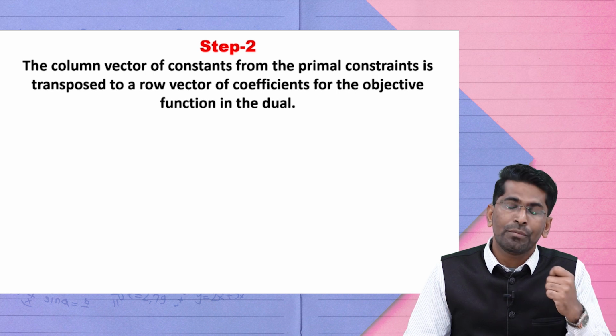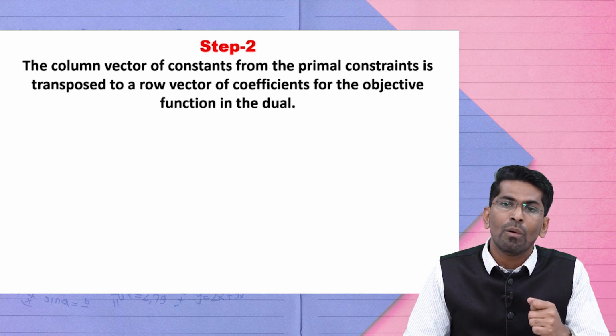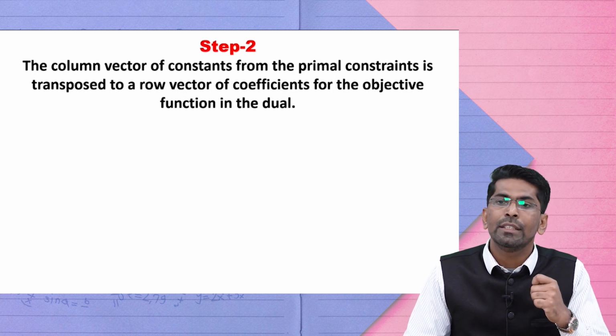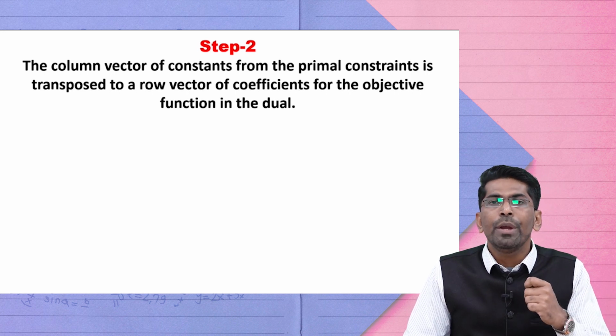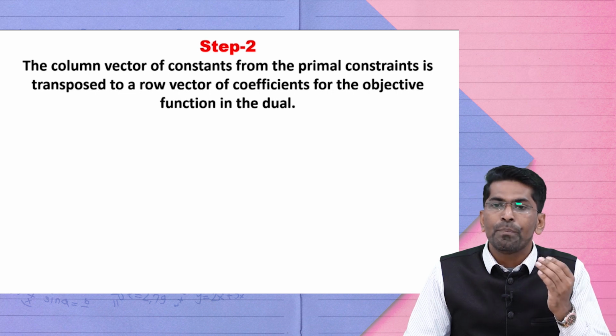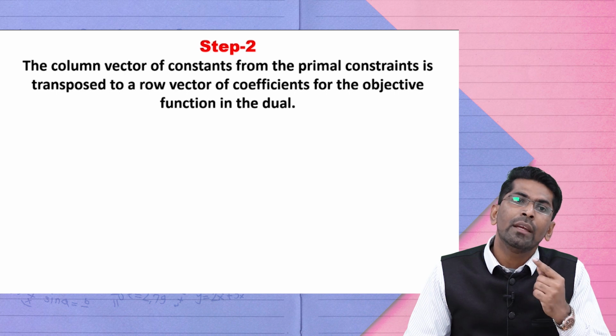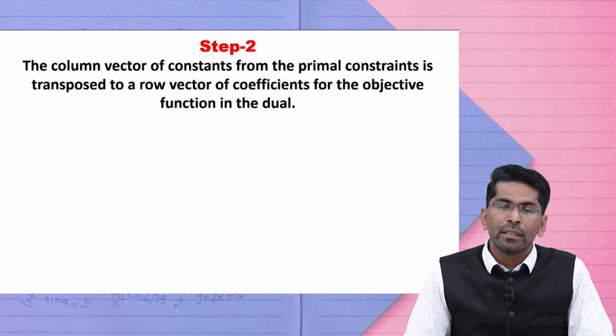Of course, we know that each constraint in the primal problem consists of a linear combination of decision variables, that is the coefficients, and its constant terms. So when we formulate a dual problem, these constants from the primal constraints are transposed into a row vector, which becomes the coefficients of the objective function in the dual. So we are going to consider that part.